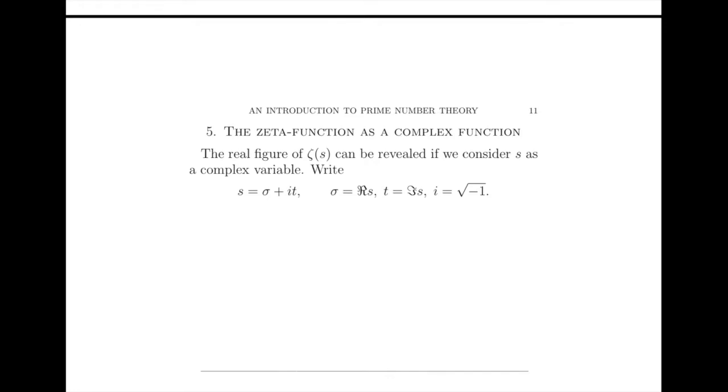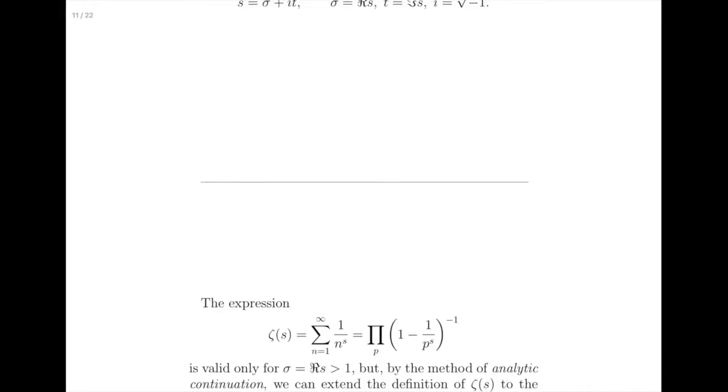We write s is sigma plus it, where sigma is the real part, t is the imaginary part, and i is the square root of minus 1.